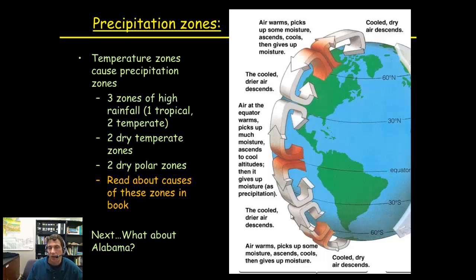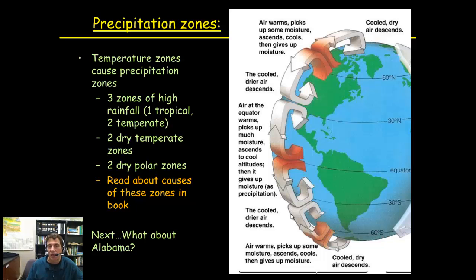Now, that air that had been rising from the surface around the equator continues to rise after it loses so much of its moisture. And that air doesn't keep going away from the Earth's surface. If it did, we would lose our atmosphere, and instead it winds up traveling either to the north or the south.